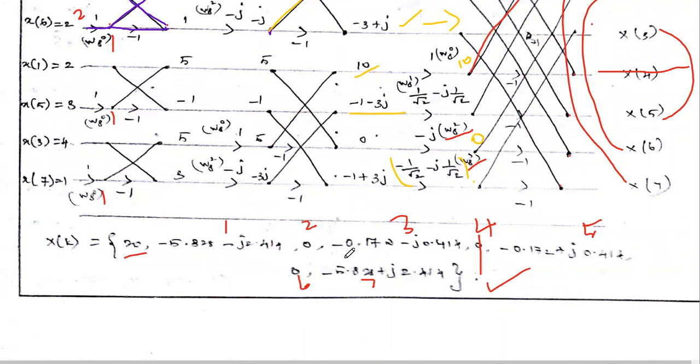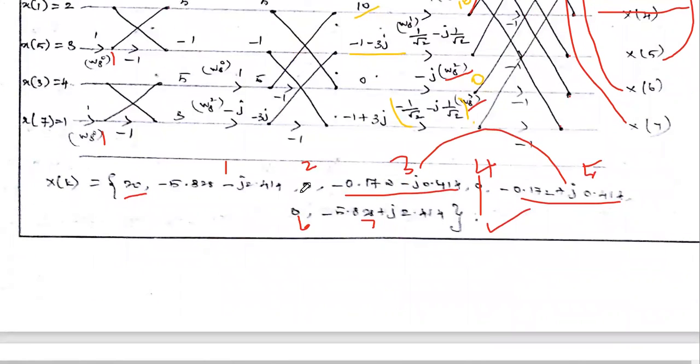You see, this is x of 3 and this is x of 5. The answers are minus 0.172 minus j 0.414 and minus 0.172 plus j 0.414. Here the real part is the same, minus 0.172. The imaginary part is minus j here and plus j there with the same value. So these two answers are complex conjugates.